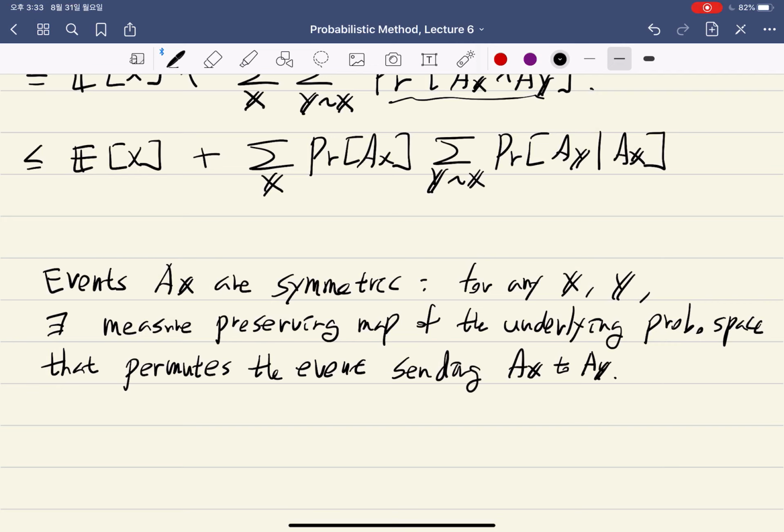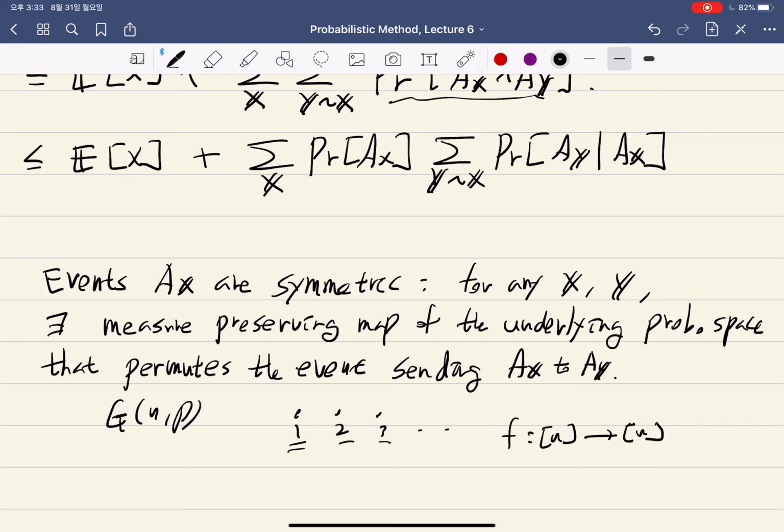Just meaning that in G(n,p) we have vertices 1, 2, 3, and the labels are not important.